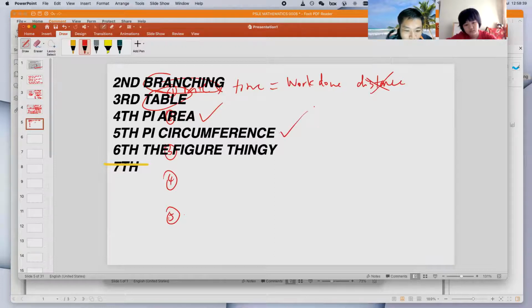Circumference, I also consider as a formula. Oh, that one is called the number pattern formula, but okay, I consider that a formula.